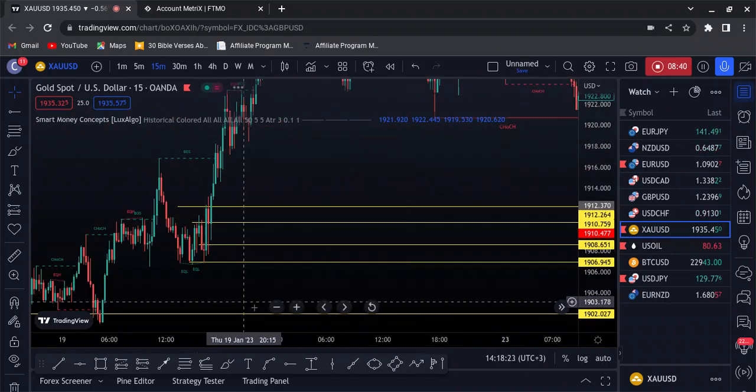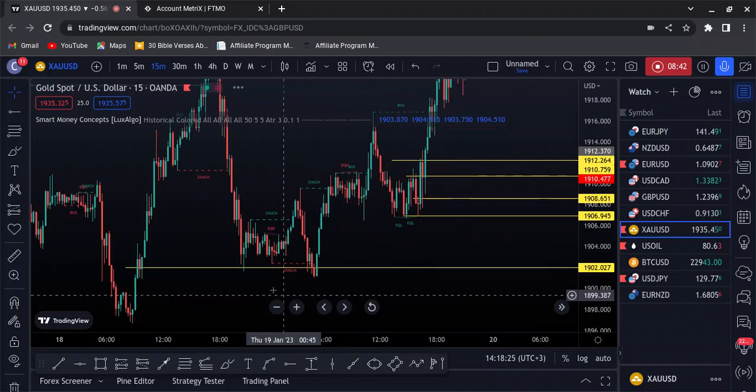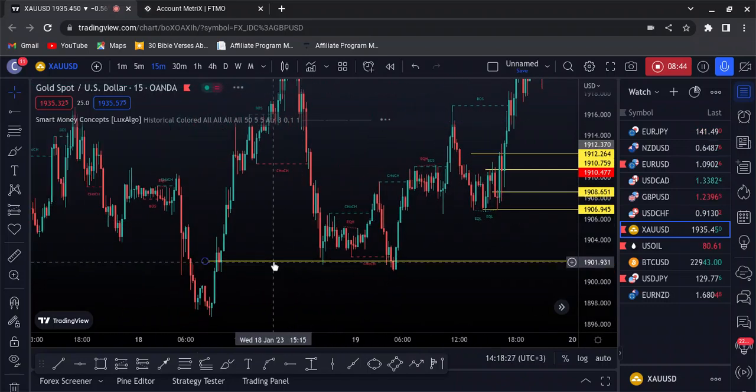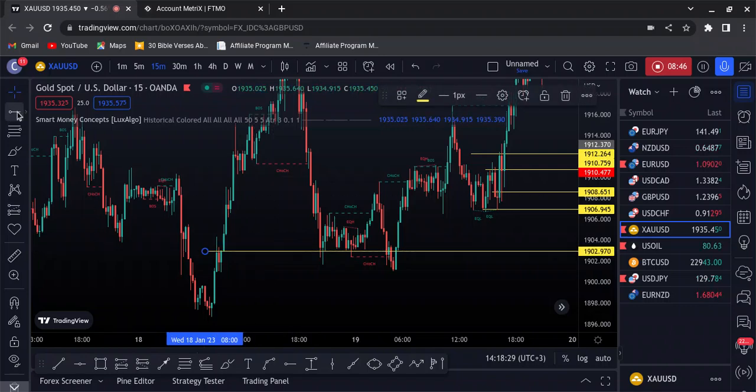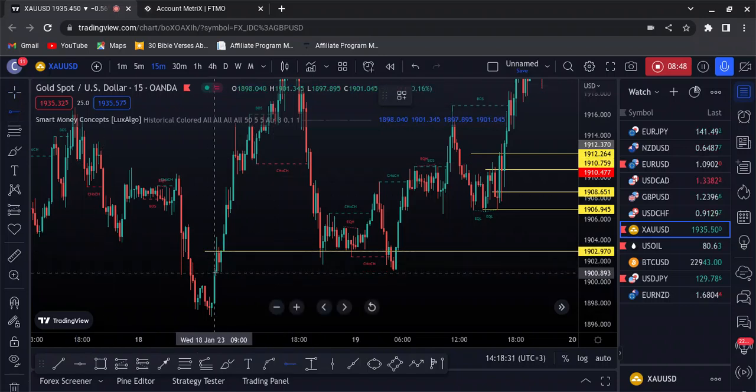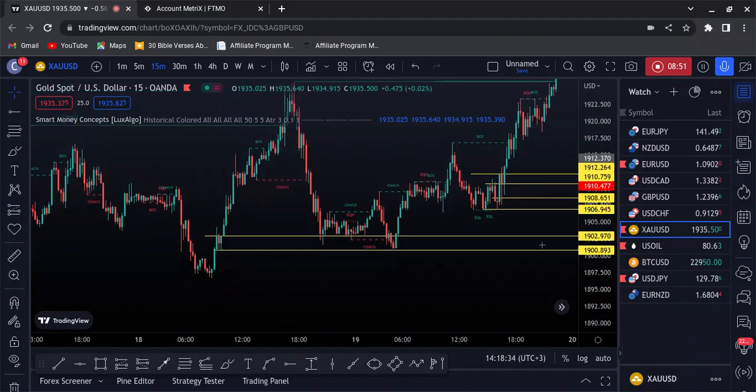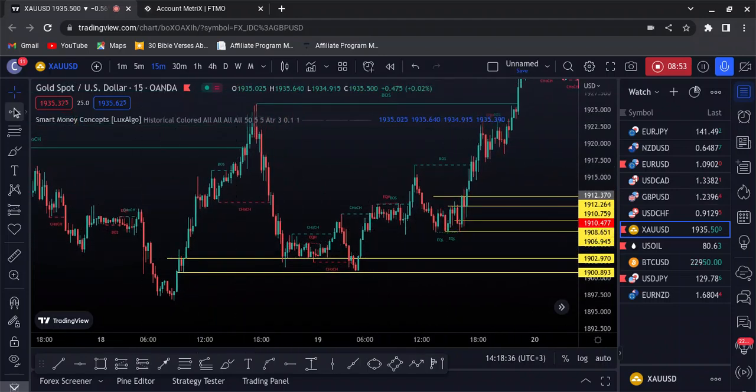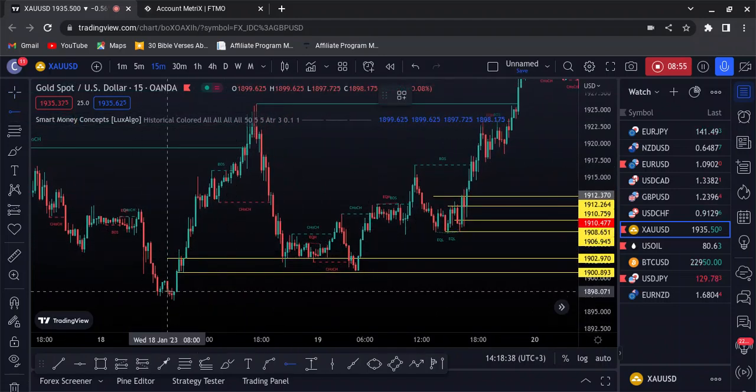Going to the 15 minutes, you can clearly see that we had a zone here. Price never broke out of this zone. The other zone that we had was here.